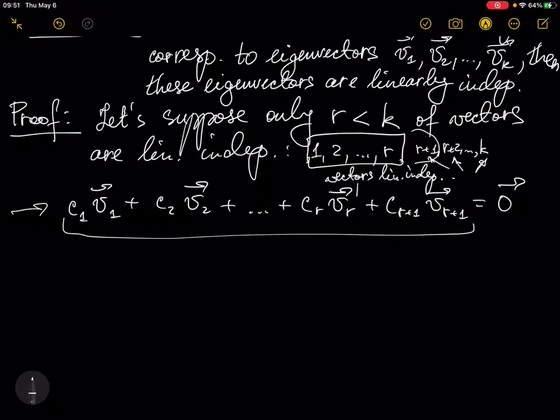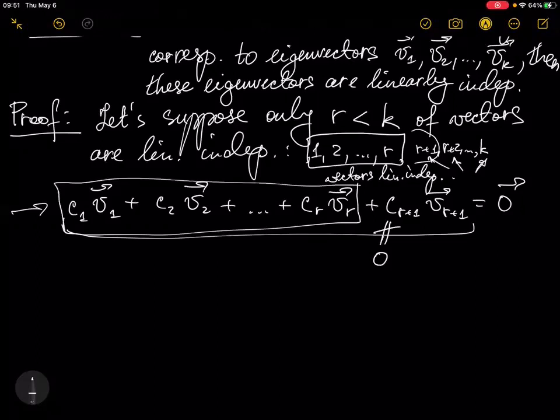Because we said that only the first R vectors are linearly independent. Okay, and also it means that these cannot be equal to 0. Why? Because if it's equal to 0, then we are saying that these already form a non-trivial linear combination, right? When not all C's are equal to 0, but it contradicts the fact that these vectors are linearly independent.